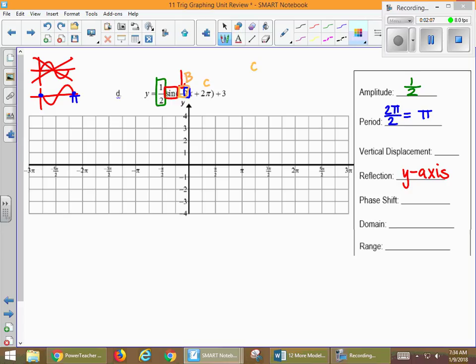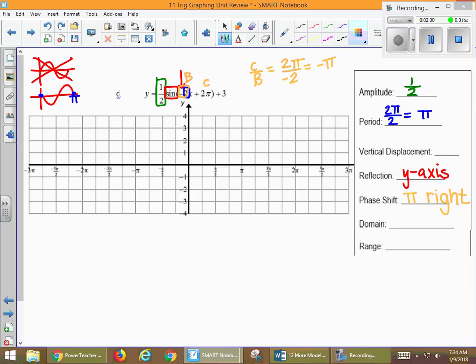So our phase shift is C over B. C is 2 pi, and B is -2. So 2 pi divided by -2 is going to give us a negative pi. So that's going to be pi to the right.